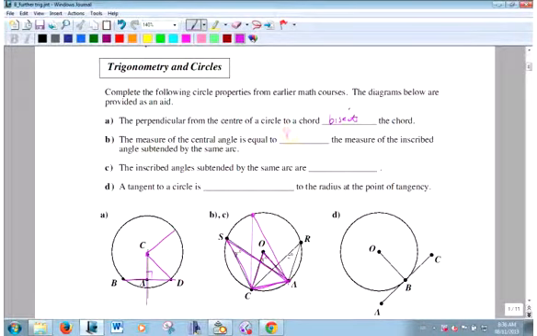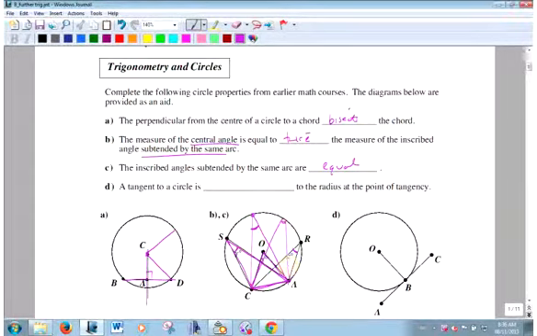So, the measure of a central angle, the one to the center, is always twice the measure of the inscribed angle subtended by the same arc. Lots of wordage there. But a picture is worth 1,000 words. The inscribed angles subtended by the same arc are always equal. This is equal to this. It's equal to that. I don't care where you put it. It's equal to that.